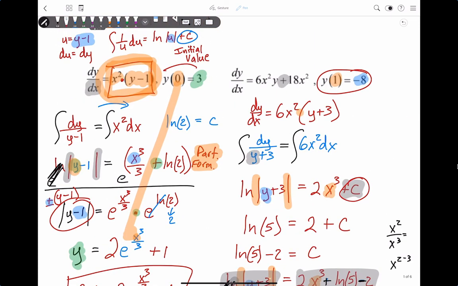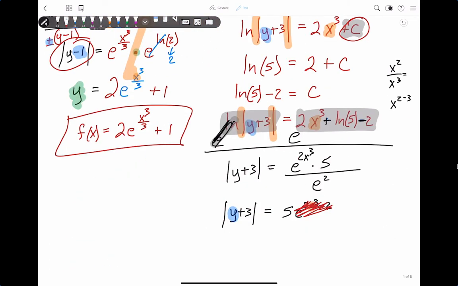Remember, my goal is to get a negative 8. Okay? So right here, I need to make the decision: is this a positive or a negative? Well, in this case, it's going to be a negative form. And you can apply it to the left or the right side of the equation.